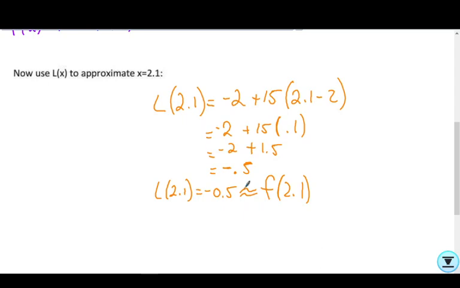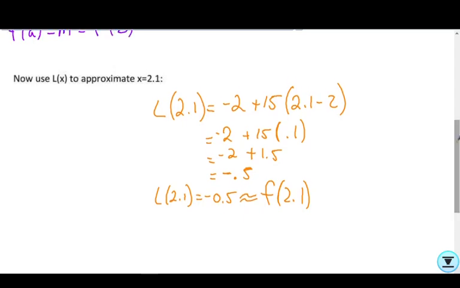Now, if you actually find f at 2.1, it is equal to negative 0.357. So, not a bad approximation.